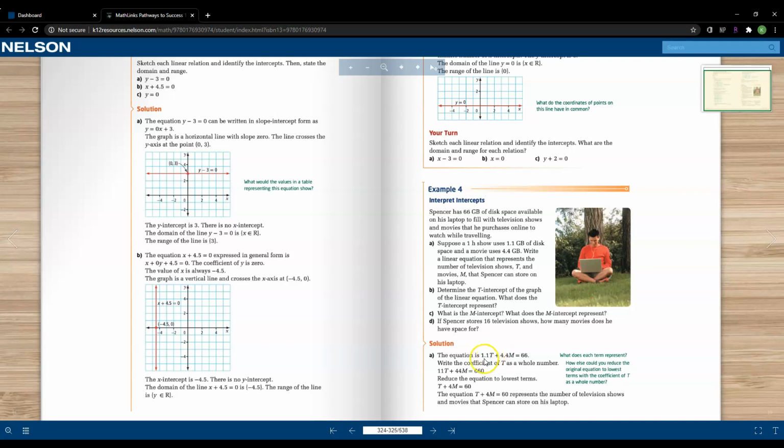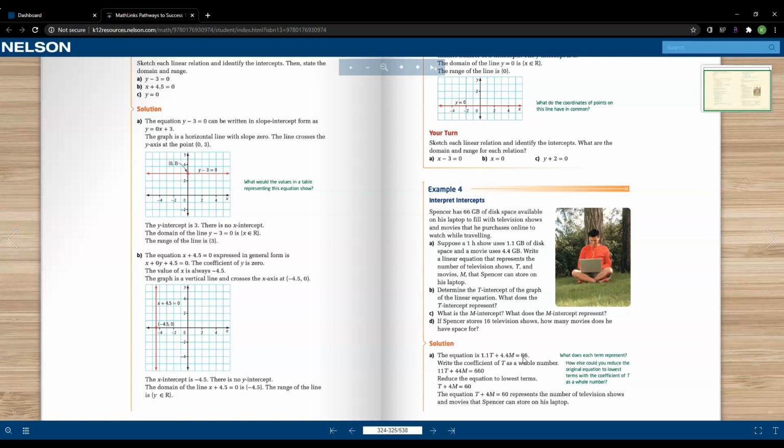You know that the A value, the coefficient, needs to be a whole number. So a decimal number or a fraction, we need to convert it to a whole number. How do you make 1.1 into a whole number? You multiply it by 10 to get rid of the decimal. So you have to multiply everything by 10. That's how you get 11T plus 44M equals 660. Okay.